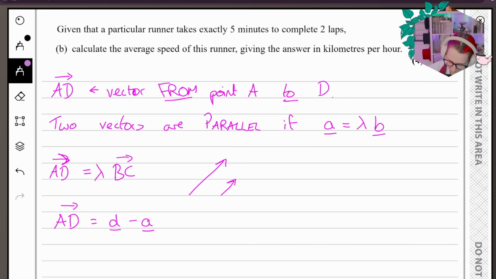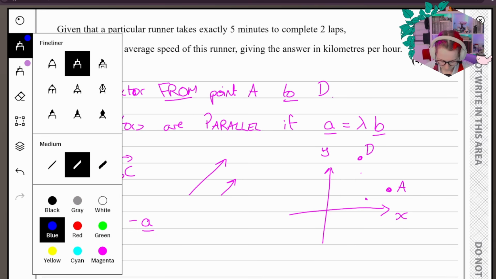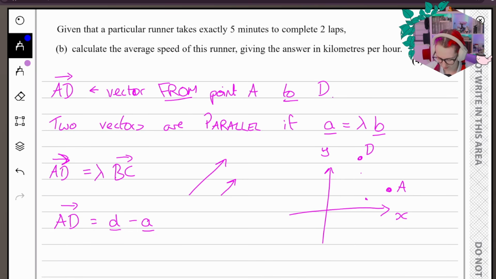Yes, because if I have a grid here, so I have my X and I have my Y, and I have my point A and my point D. Sorry, my capitalized letters for points. This is like intro to vectors very fast, I do apologize.